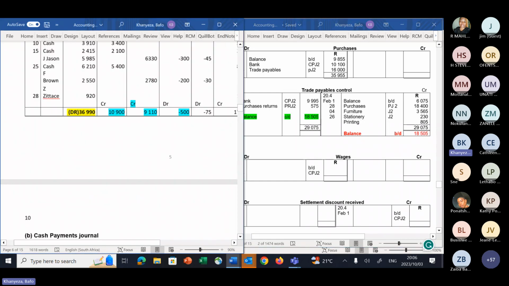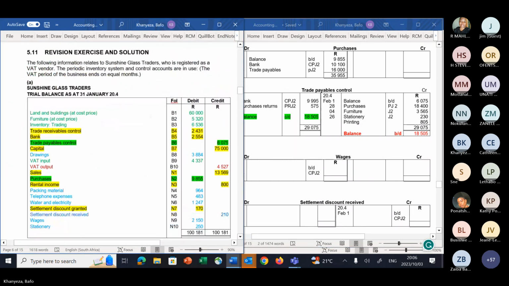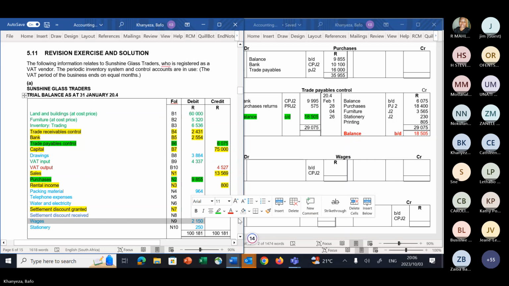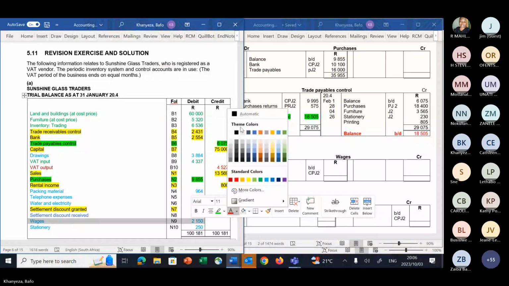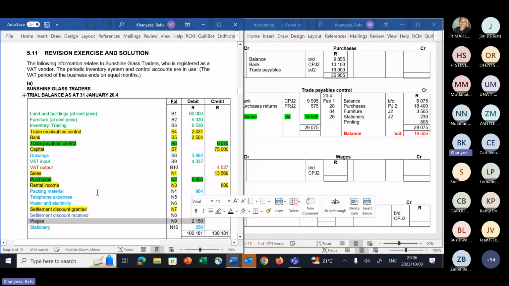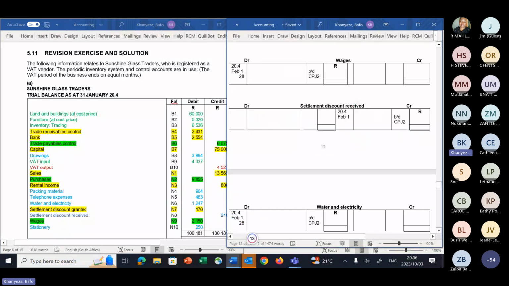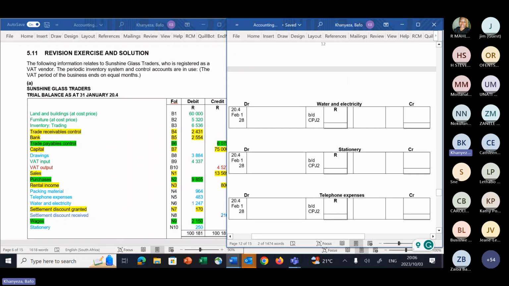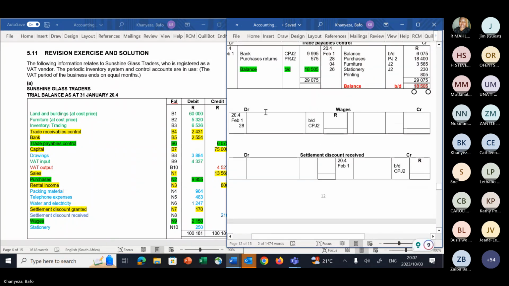We'll start with the balance. Where are wages? So wages are a debit. Wages is gonna be the balance, on the debit side, 2150.